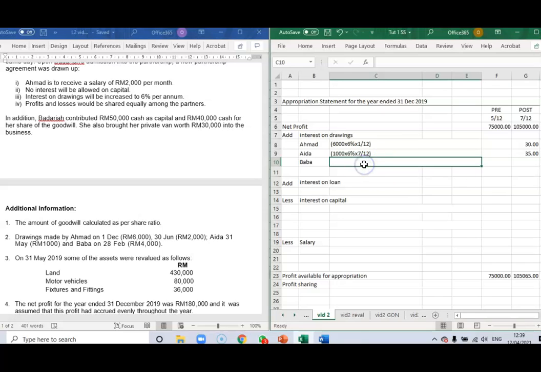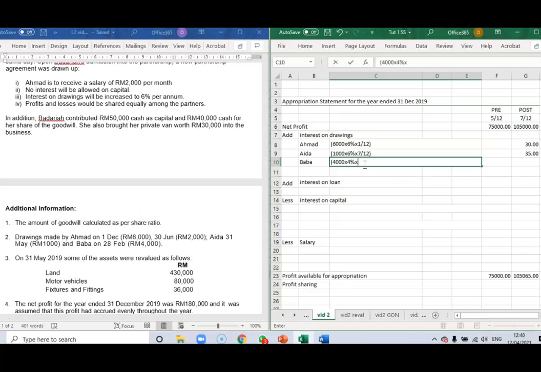However, Baba withdrew 4,000 ringgit on 28th of February. So 28th February is in pre. So 4,000 multiplied by 4% multiplied by the time. 28 February means that we start from March.